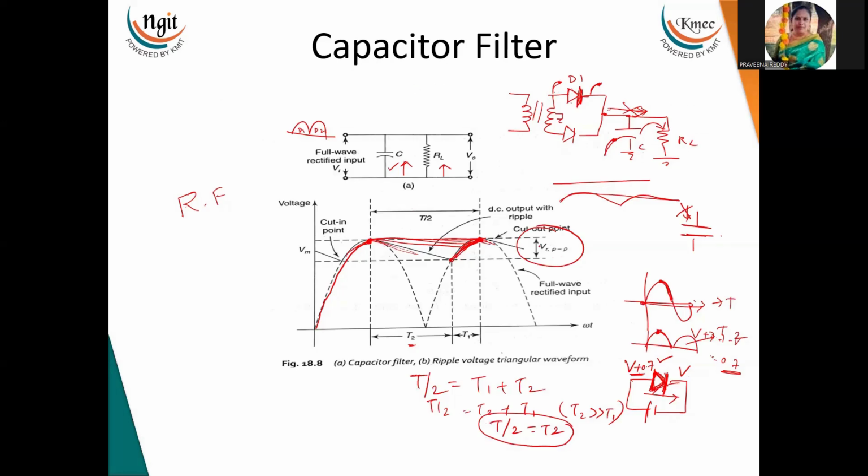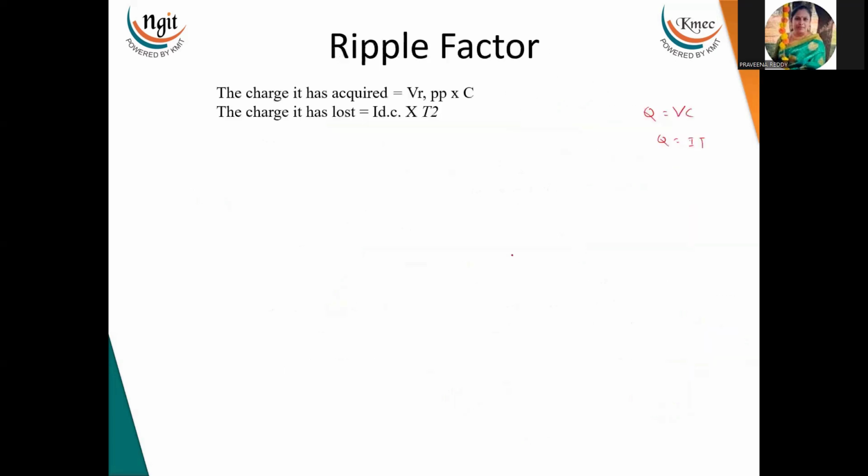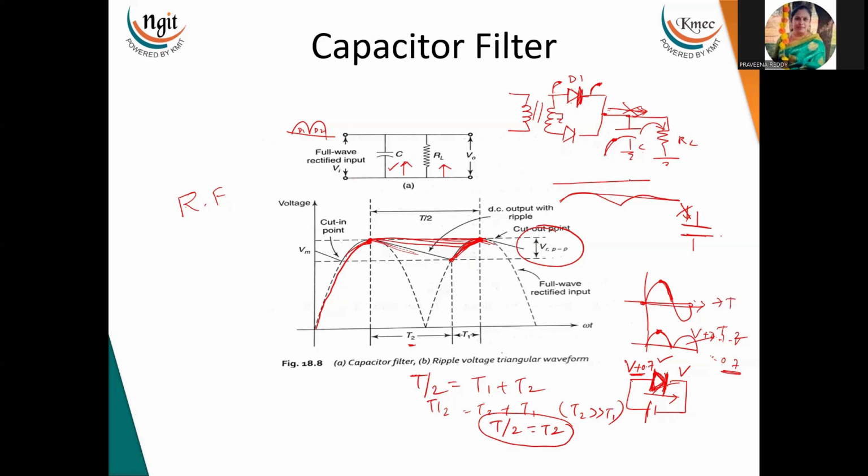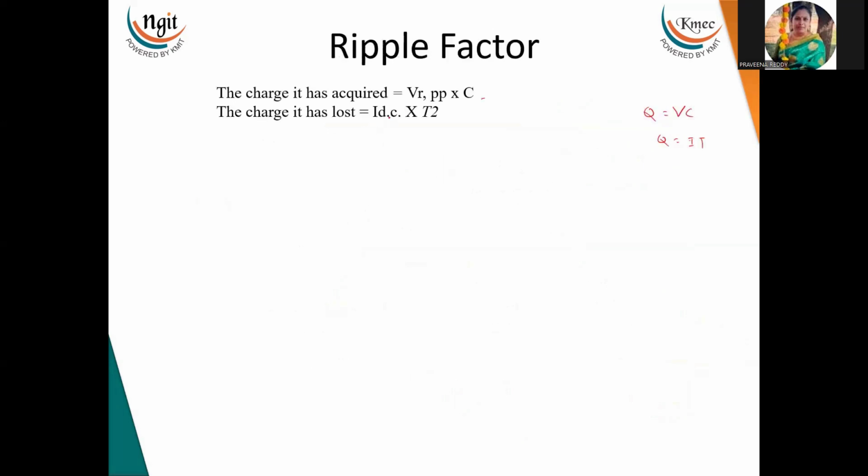This is the capacitor charge, which we represent by ripple peak to peak, so VR peak to peak into C. And how much it is discharging is the IDC, the discharging current. When no current is coming, the capacitor discharges through the RL. Discharging means current is flowing through the RL, and it is coming from the capacitor. So what is the formula for the discharge?